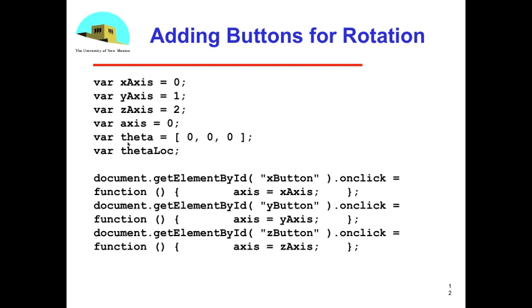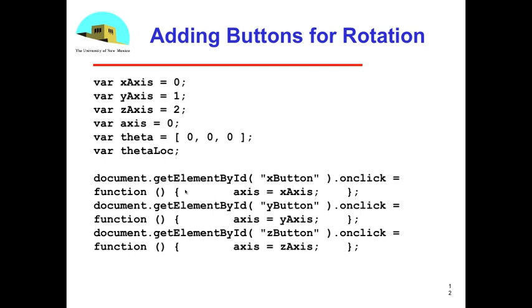We'll have three angles that we rotate about the x, y, and z axes. So in terms of what we were talking about before, this is theta x, theta y, theta z. I do the standard thing of setting up a uniform variable for theta, which is going to be in thetaLoc.